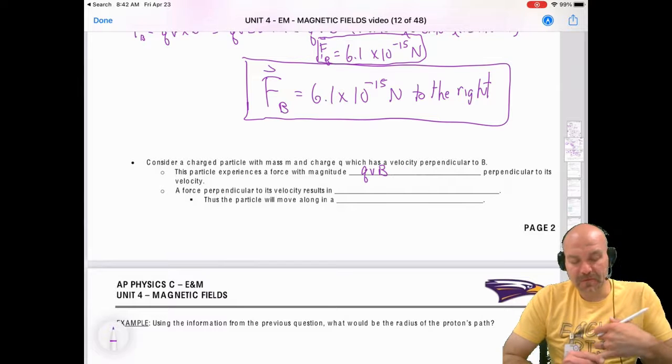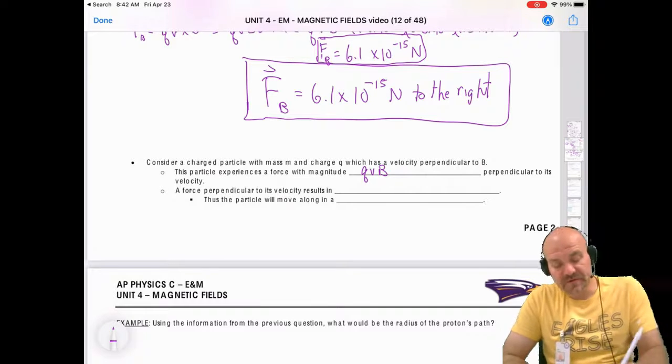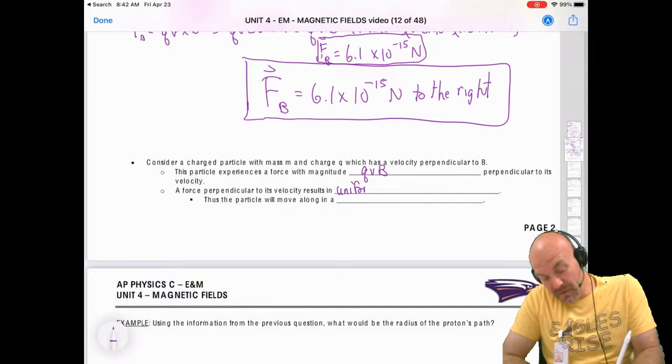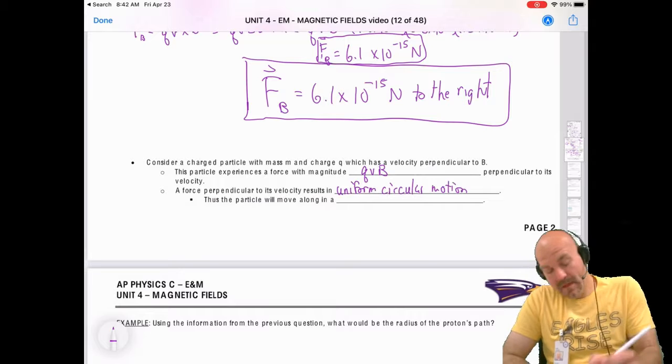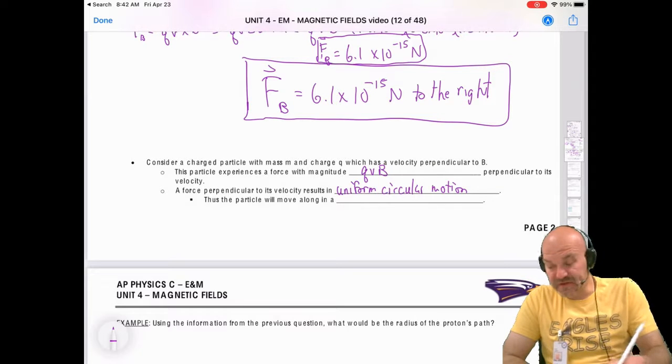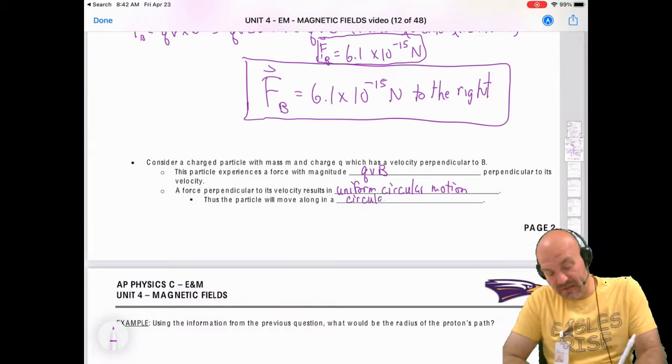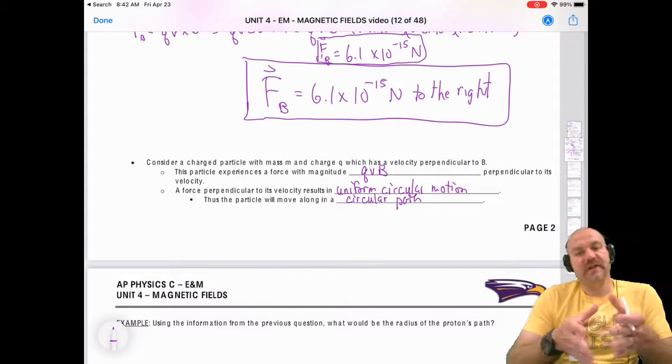A force perpendicular to its velocity results in uniform circular motion, and thus the particle will move along in a circular path. Okay, this is the basis of cyclotrons.